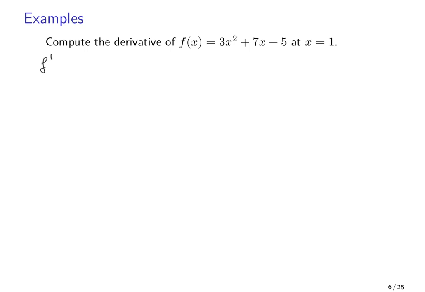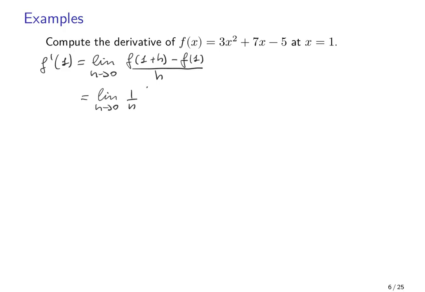So we have f prime of 1 is equal to the limit as h goes to 0 of f of 1 plus h minus f of 1, divided by h, and that is the limit as h goes to 0 of 1 over h times.